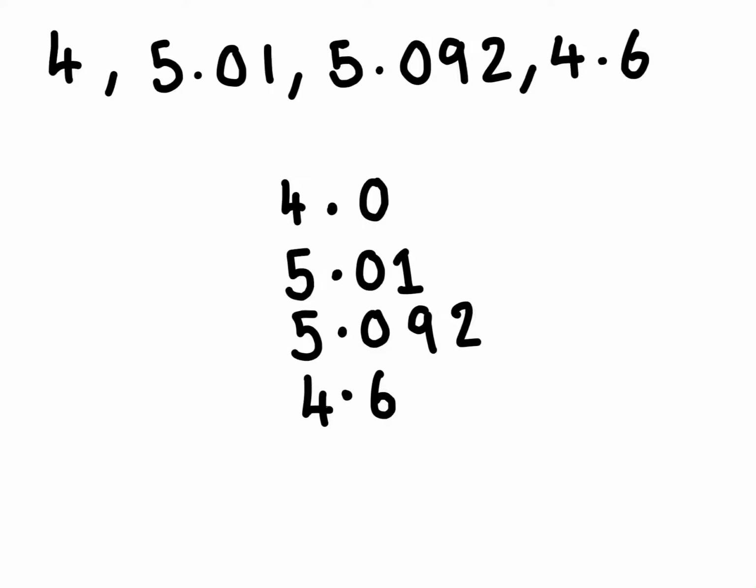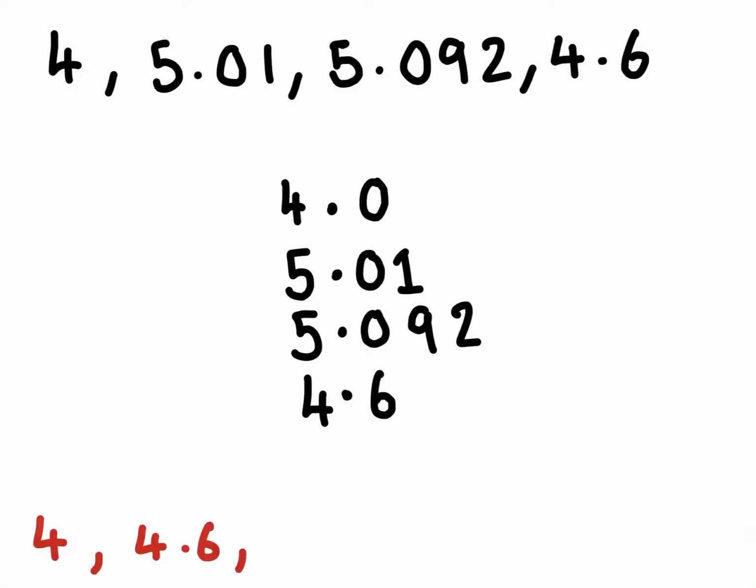Okay, so if we start off with the first number, we can see that we have 2 4s which are equal, so we're going to compare them. So the first 4 obviously is the same, and then the second number is 0, which is the smallest number. So we're going to put 4 as the smallest, and then 4.6 as the second to smallest.